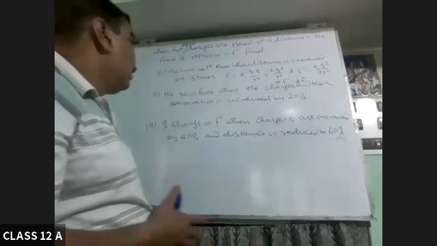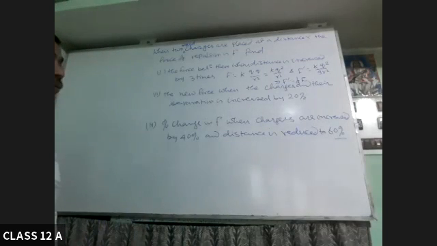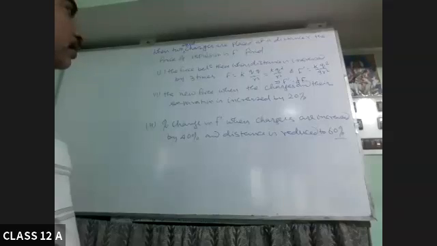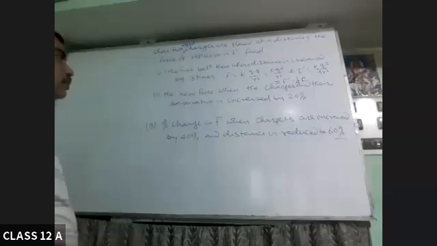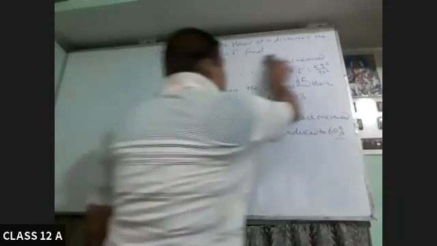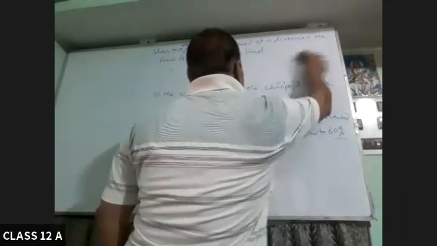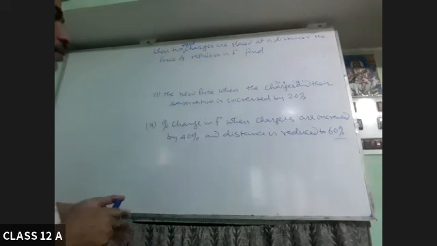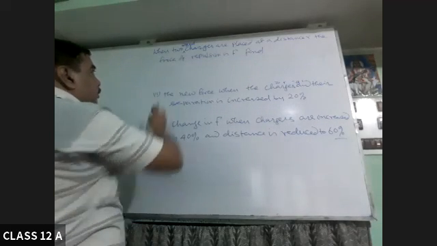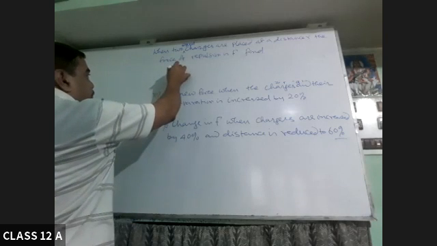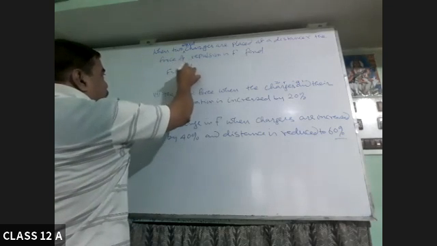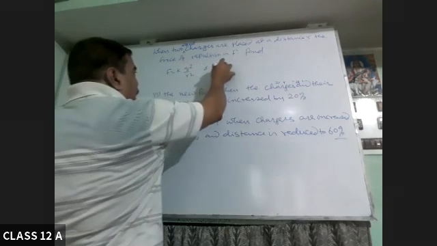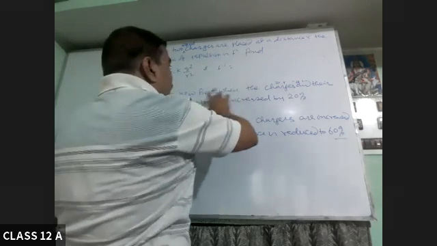Now second one. What will come? So again, F will be same. K Q square over R square. And F dash will be what?